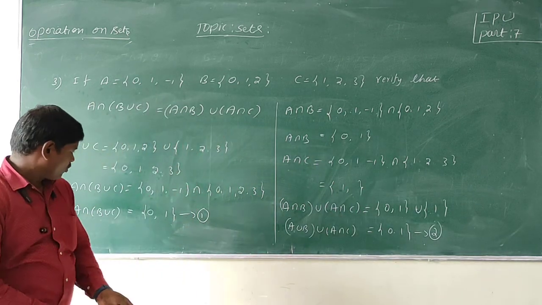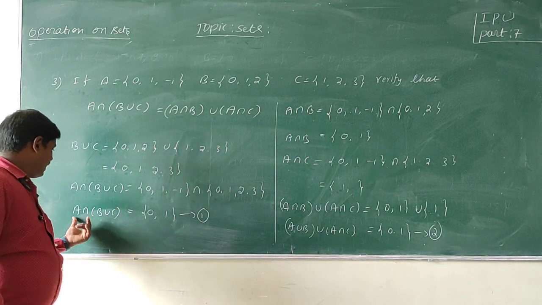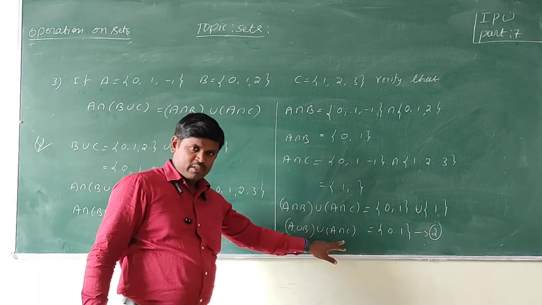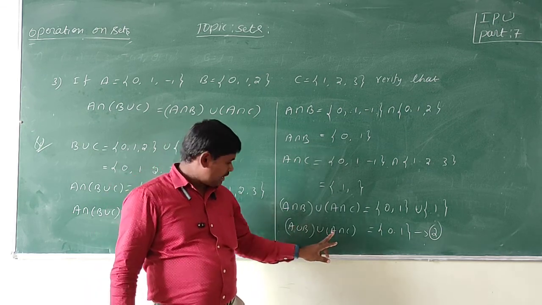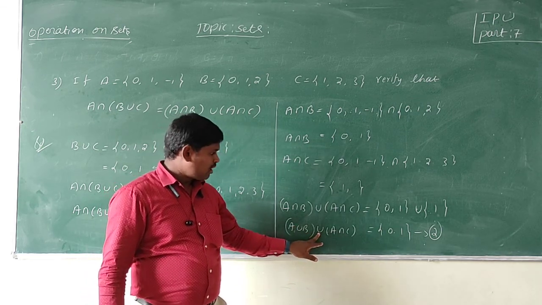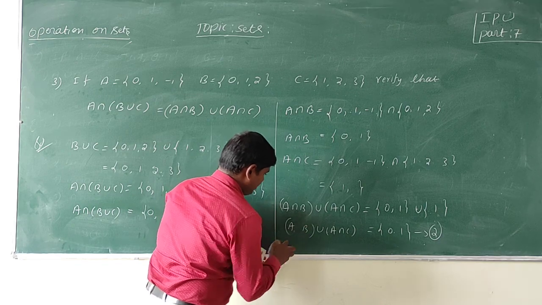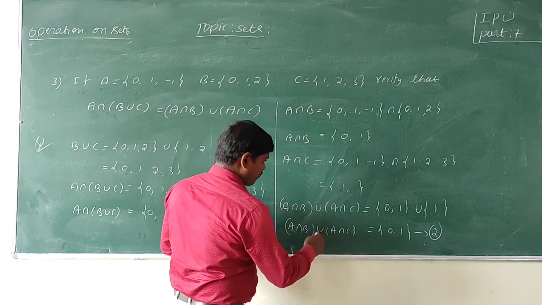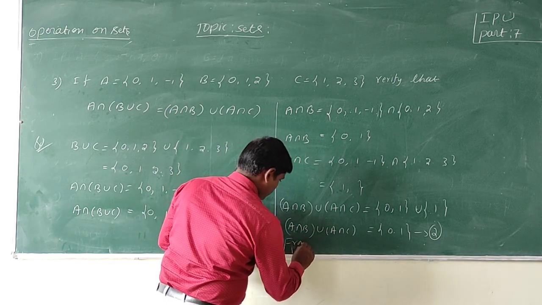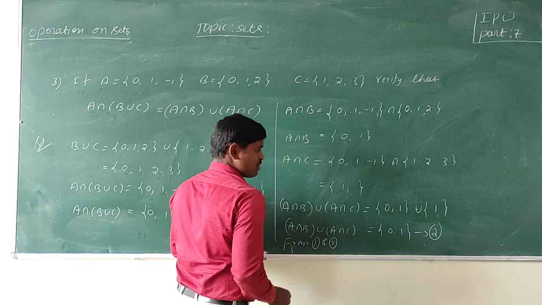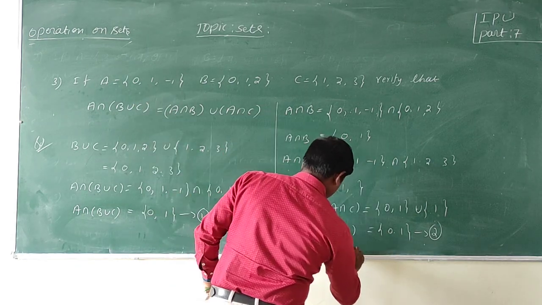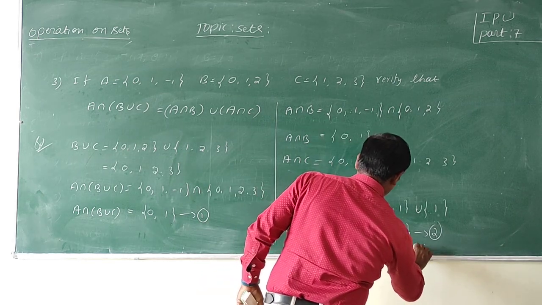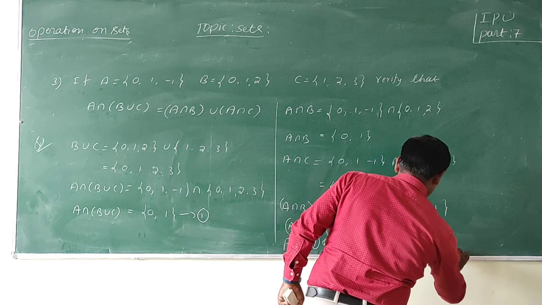Observe from 1 and 2. From 1, A intersection (B union C) consists of the elements 0 and 1. And from equation 2, we come to the conclusion that (A intersection B) union (A intersection C) consists of the elements 0 and 1. Therefore, A intersection (B union C) is equal to (A intersection B) union (A intersection C).